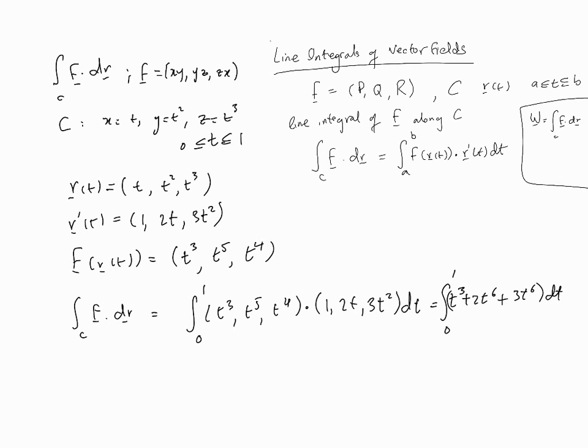So that's just t cubed plus 5t to the 6, and that will just go to t to the 4 over 4 plus 5t to the 7 over 7, from 0 to 1, and that comes down to 27 over 28. So it's as simple as calculating that.